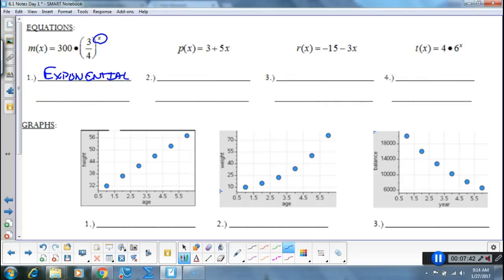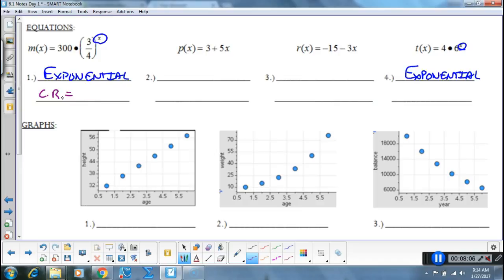Now, does anybody remember how to find the common ratio then? Here it would be 3/4, so it's the base of that exponent.